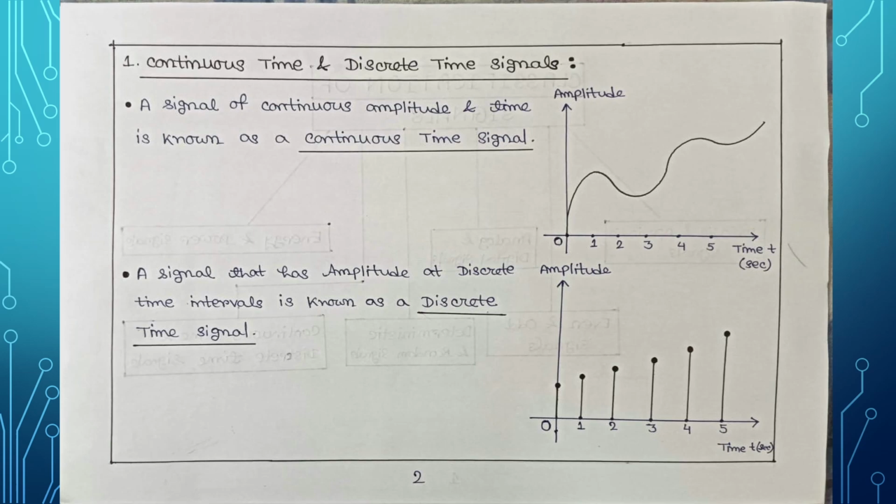Next, in a discrete time signal, we have amplitude at discrete time intervals. Here, let's take an example. At discrete time intervals, we have amplitude. So this is a discrete time signal.